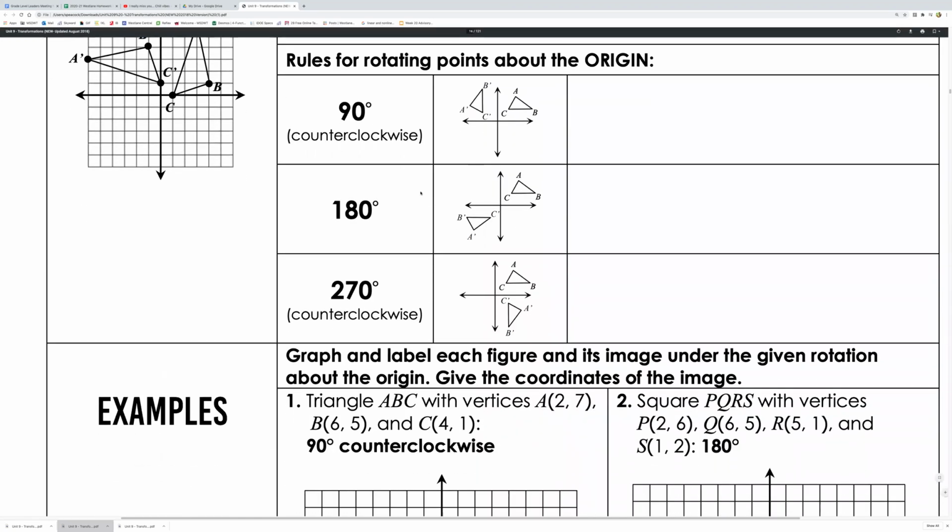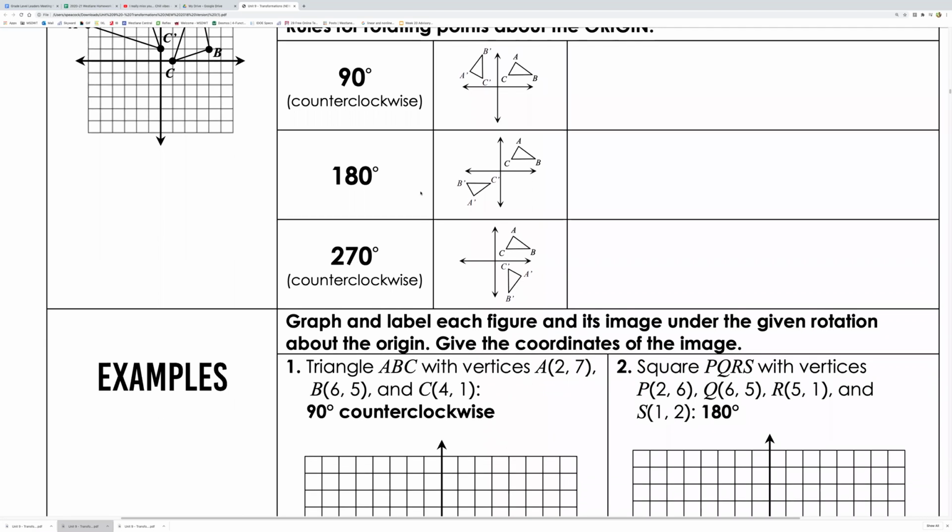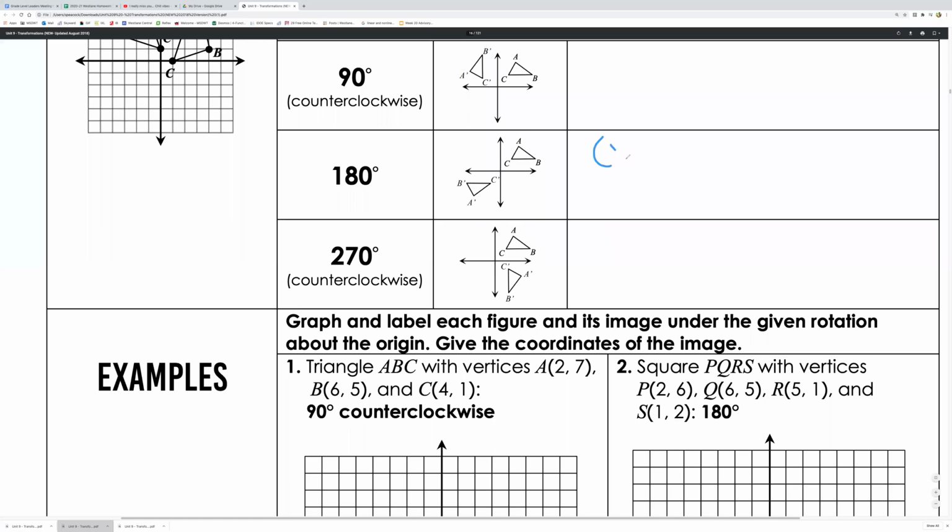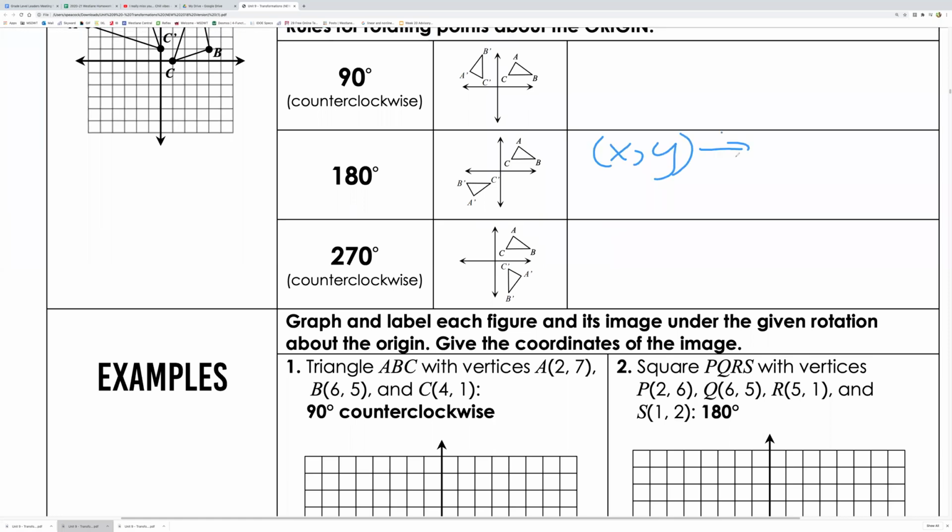Okay, for 180 degrees, you are going to change both signs. So it's going to be x, y to -x, -y. So that means change both signs. I forgot to mention here, 90-degree counterclockwise is the same as 270 degrees clockwise. Just as 270 counterclockwise is the same as 90-degree clockwise.